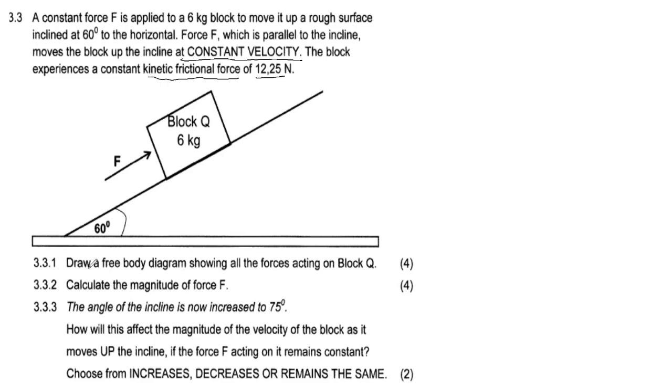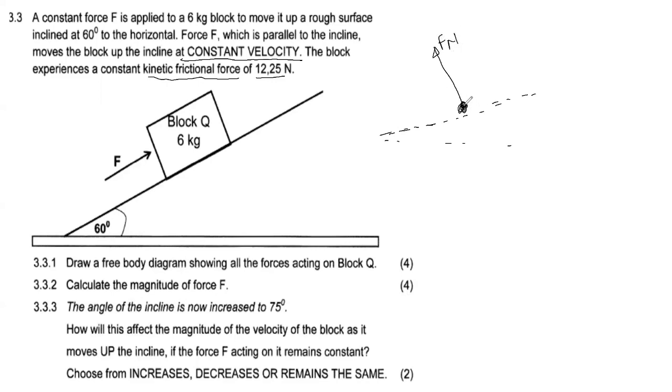Then 3.3.1 says, draw a free body diagram showing all the forces acting on block Q. So for 4 marks, we must show 4 forces. We start with our incline there, so that we draw everything properly. And then we have our normal force perpendicular to the slope.